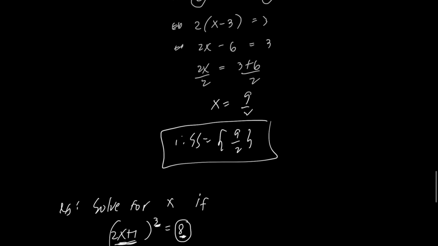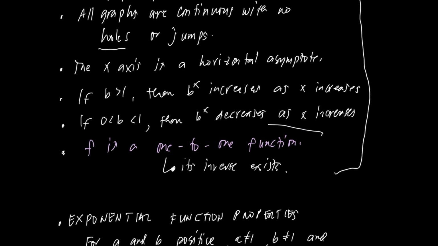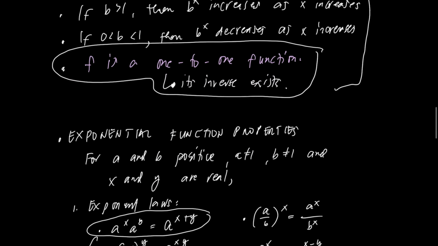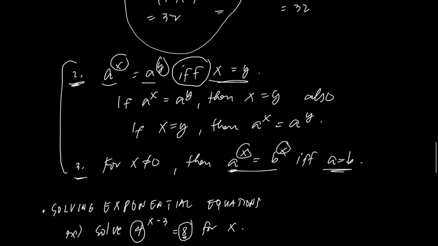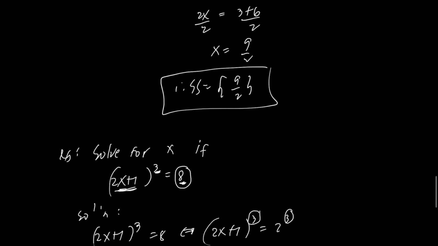Note that what we have mentioned a while ago on the characteristics of functions, f is a one-to-one function, and therefore its inverse exists. And we have mentioned a while ago that the inverse functions of exponential functions are actually the logarithmic functions.